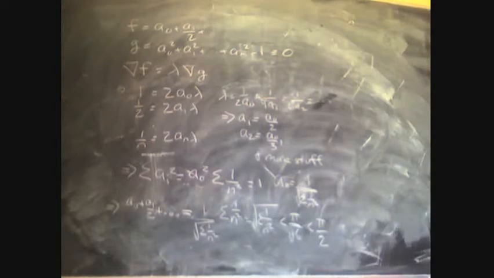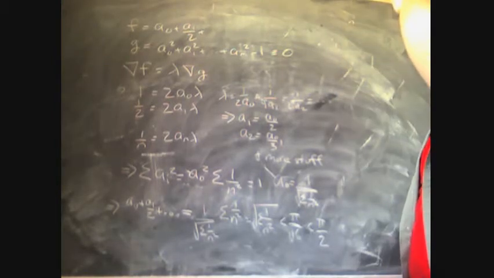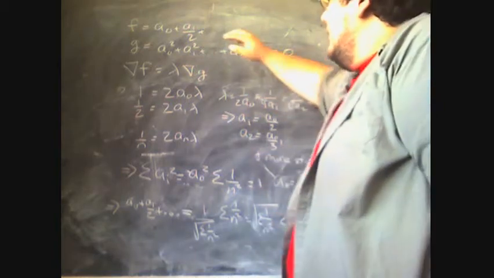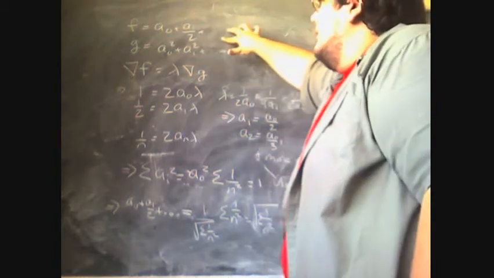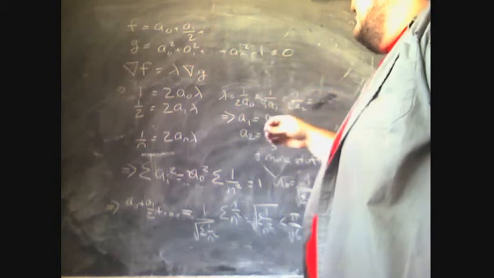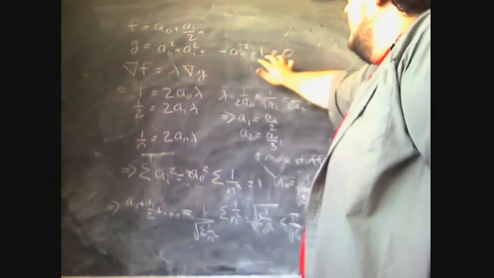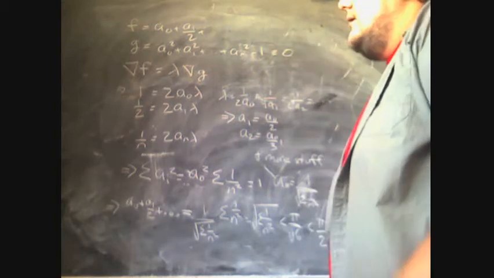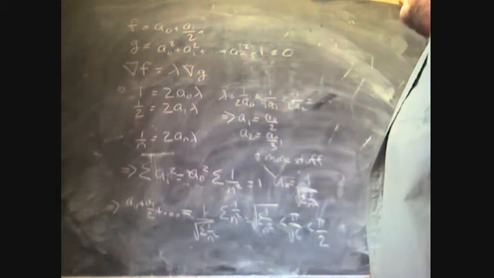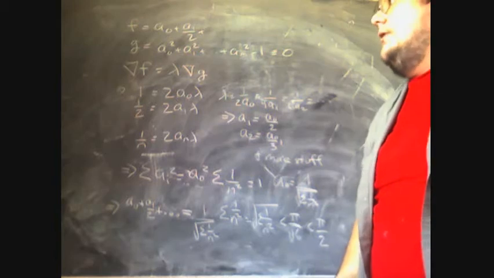So here's the last version that I'm going to talk about. Basically, we have 2 functions. We have our sum f, which we want to maximize, and we have our constraint function g, which I set to the sum of the squares minus 1, just so that g is equivalent to 0. There's a thing called the Lagrange multiplier.